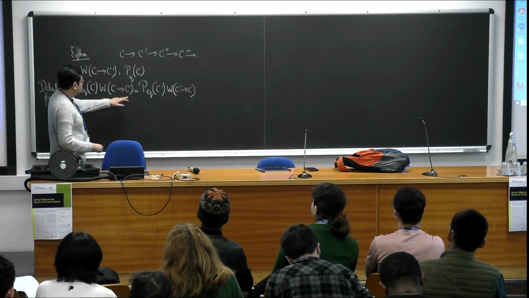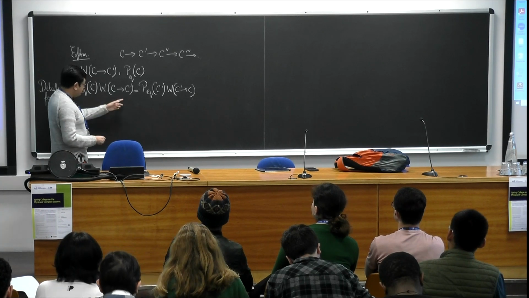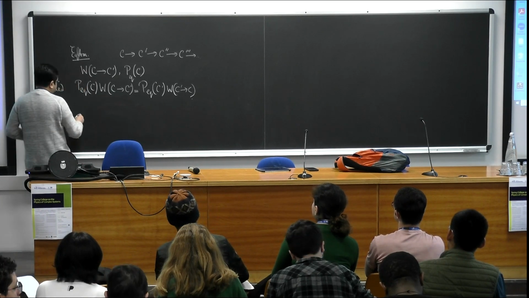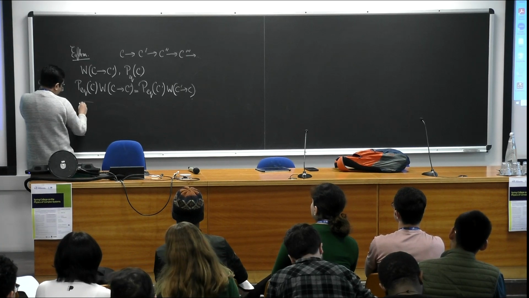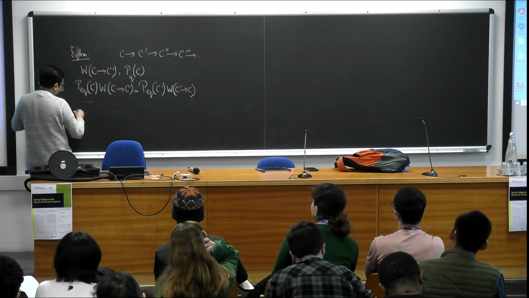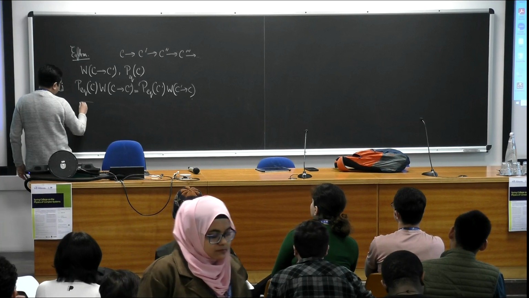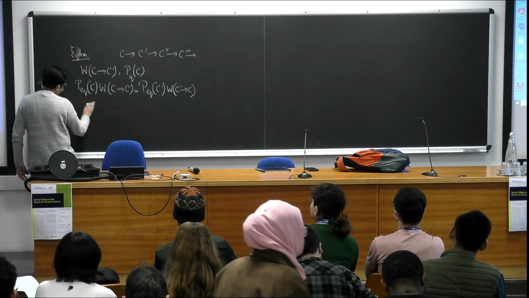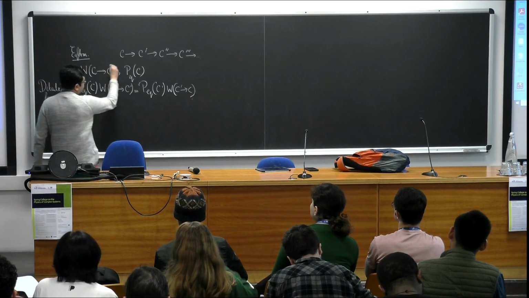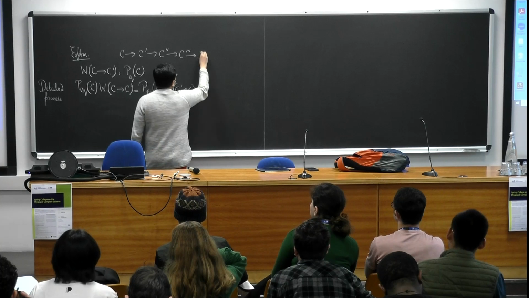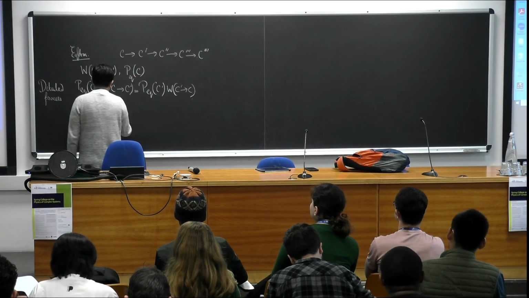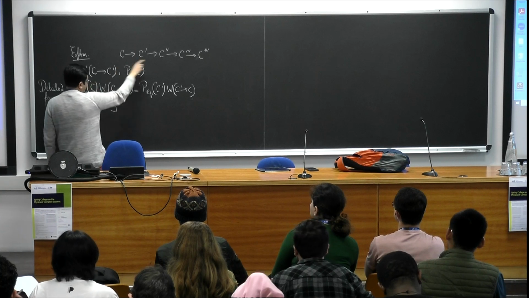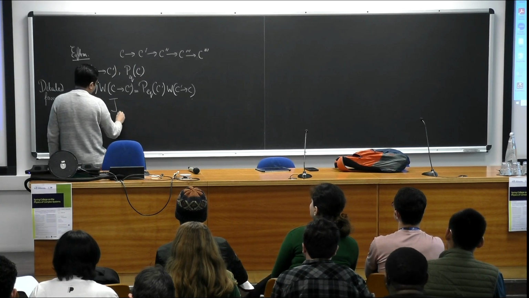And if it satisfies detail balance, this is the condition of detail balance, then you can show that, if you take a sequence of configurations, or you don't even have to take a closed loop, let's say you take this one, and you ask what is the net probability current in this direction.